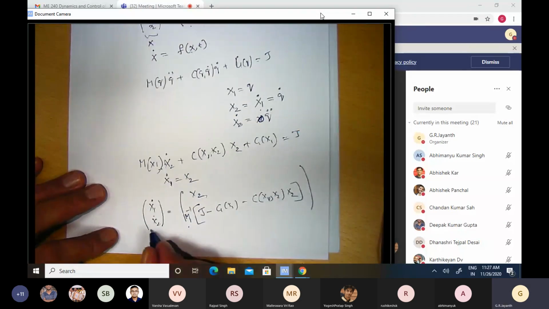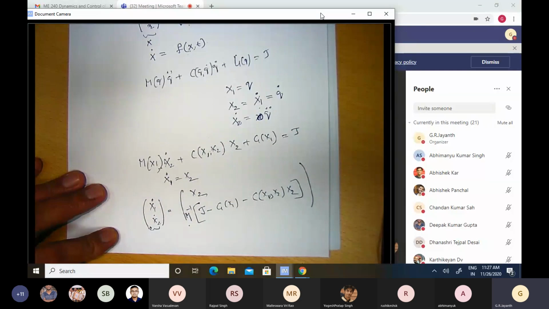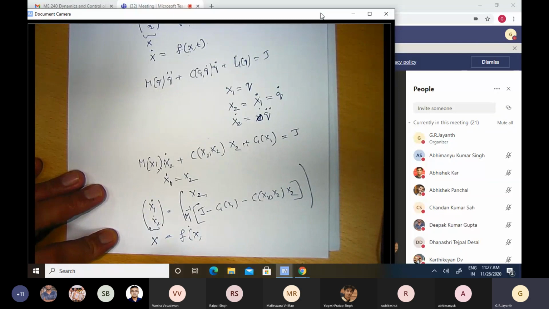Now I define this new vector x1 dot, x2 dot as the vector x, and on the right hand side I have a function which is basically a function of the entries x1 and x2, and also a function of time because I have that forcing function tau here.